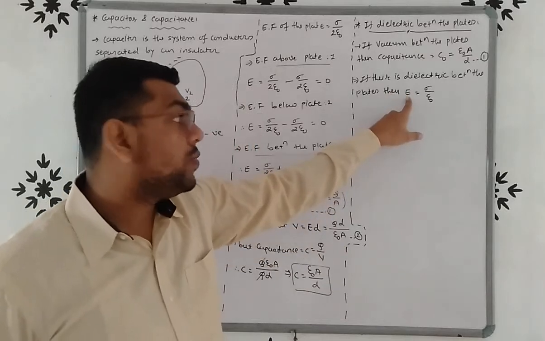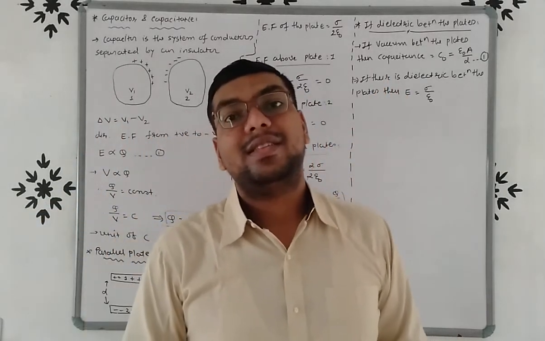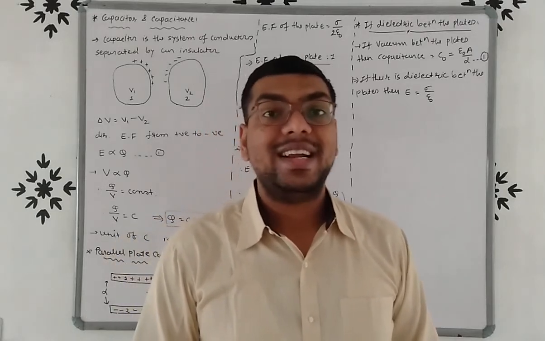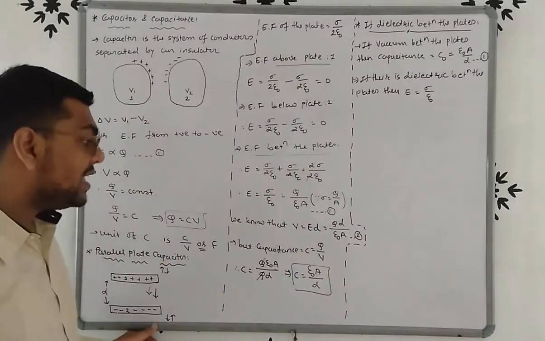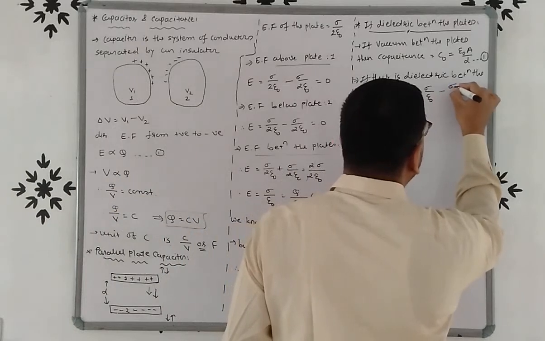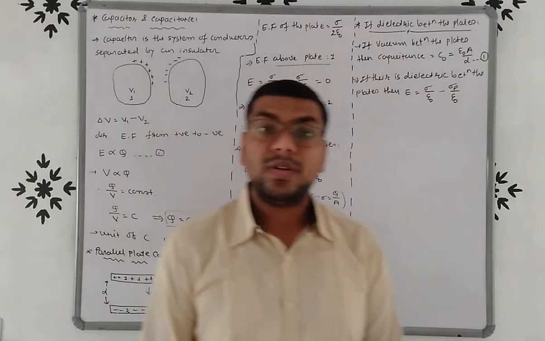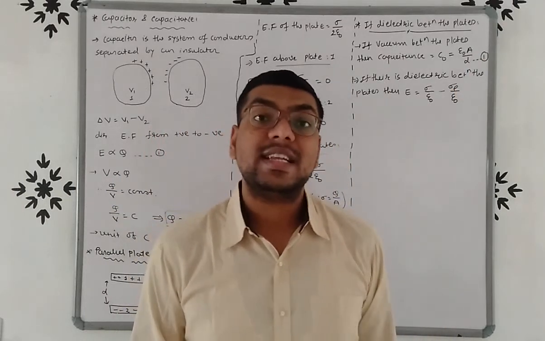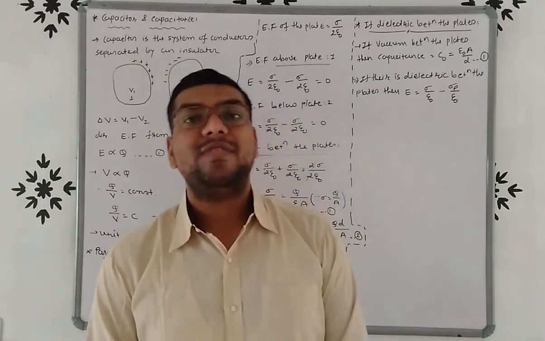How? We already know that if there is a dielectric, then another electric field is produced, right? So if there is a dielectric between the plates, then electric field E is equal to sigma upon epsilon 0 minus sigma P upon epsilon 0, because polarization occurs, and due to this polarization another electric field will be there.